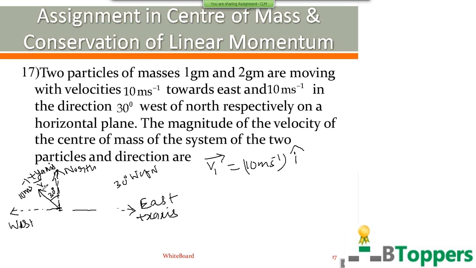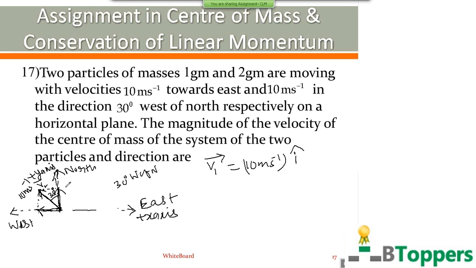So you can resolve the velocity vector v2 bar of the second particle into rectangular components along the north and west directions. For that, you have to construct a rectangle with adjacent sides along the north and west directions, such that the velocity v2 bar of the second particle acts along the diagonal of the rectangle.